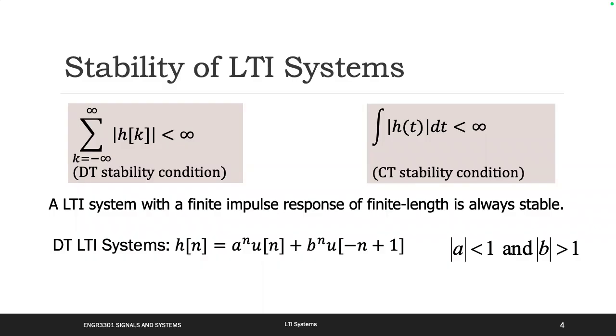If you add this one from n equals 0 to infinity, you can use the geometric series equation. You can see it will give you an equation like 1 over (1 minus a). Am I right? So you can calculate it.